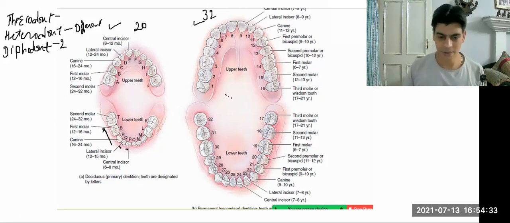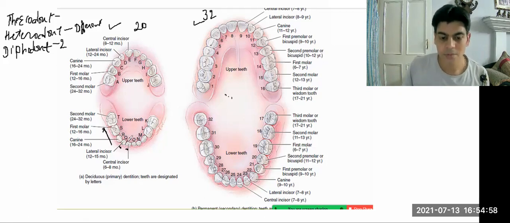That is why the shape of the incisors, the front teeth, one in the middle and the other a little to the side, the lateral, is chisel shaped.